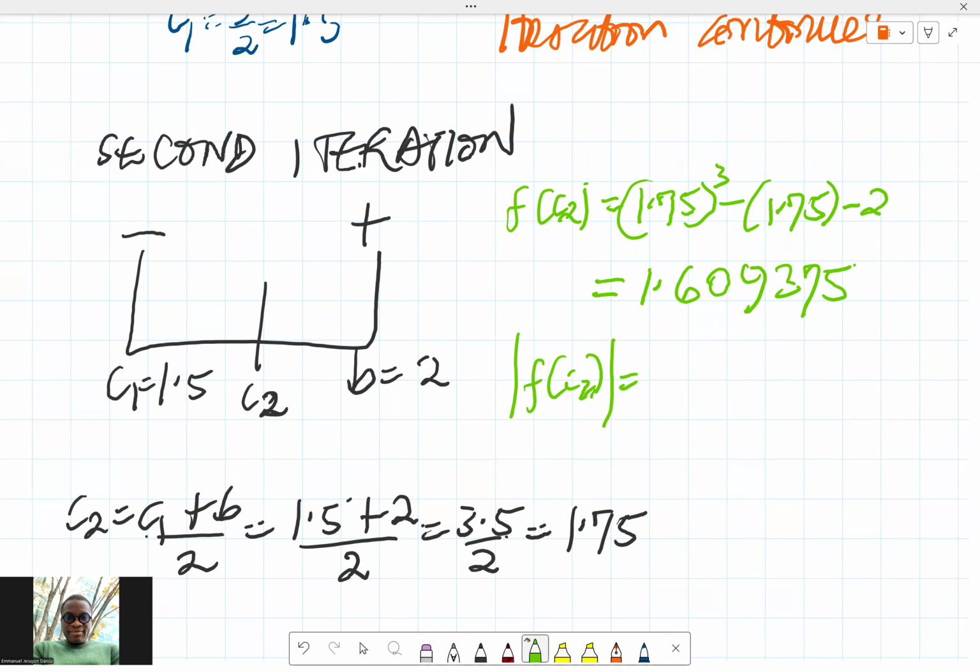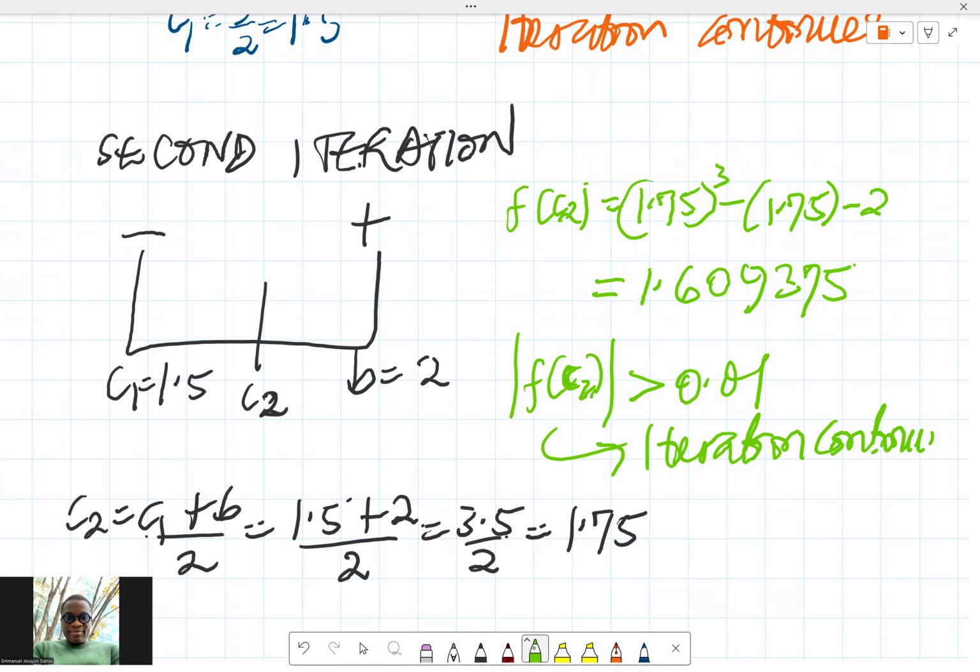So the absolute value of f of C2 is 1.609375. The other one looked hopeful, but now we are back to something very big. That's why the bisection method is really slow. This value is far greater than what we even had before, so f of C2 is still greater than 0.01. It means that iteration continues.